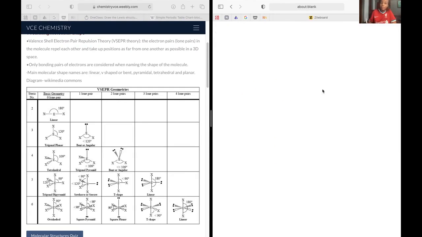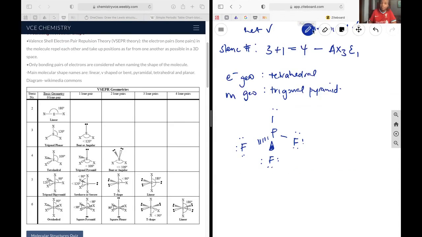Okay, now we do our dipoles. Fluorine is more electronegative. And then I have a dipole going up because lone pairs are always more electronegative, and they're also destabilizing the angles between the bonds because of the extra repulsion.